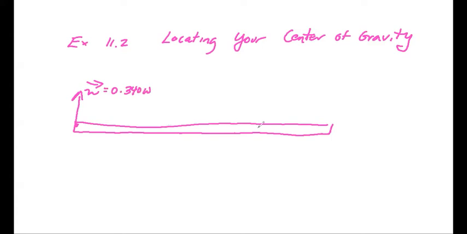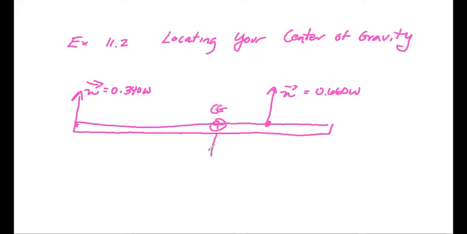You've got the forearms here, with a normal force there, equal to 0.660 weight. Then the center of gravity is going to be somewhere closer to the force that's supporting the lion's share of the weight. So you've got your CG here.